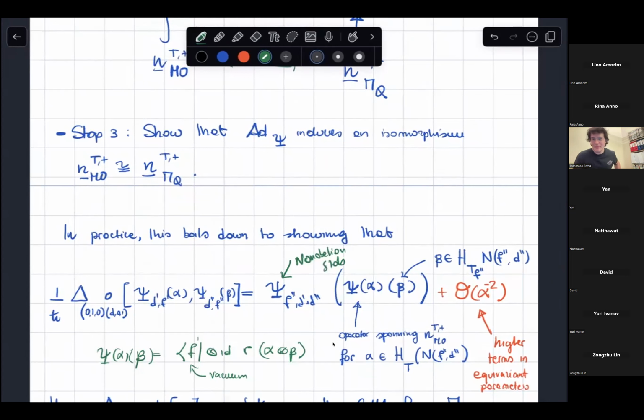The reason why I said bad notation before is that this psi here has nothing to do with non-abelian stable envelopes. So maybe I should have called it phi. So let's say phi. Okay. And then what we show is that this is essentially the same as taking the Lie bracket of the images of alpha and beta by the non-abelian stable envelope.